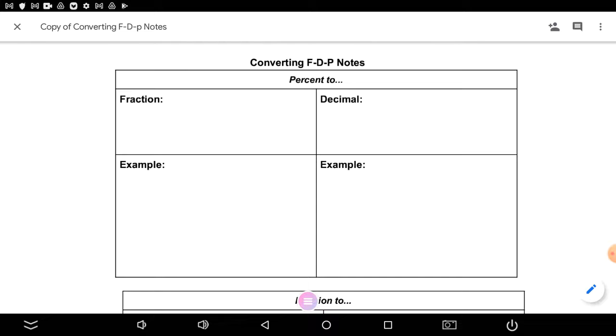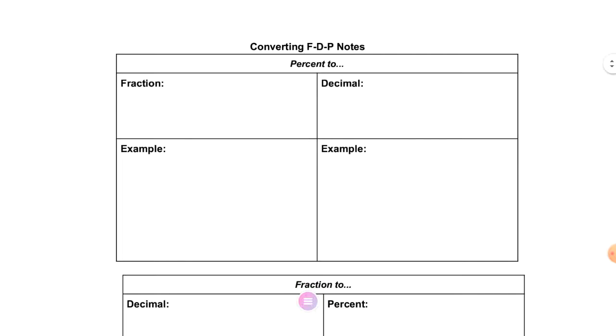We're going to learn how to do the ones that aren't common, the ones that we don't just know off the top of our head. There is math behind changing any fraction to a decimal or any decimal to a percent or any percent to a fraction. Okay, so that's what we're going to work on today. Tomorrow we will start lesson 10 notes and you'll have another worksheet over this same stuff tomorrow.